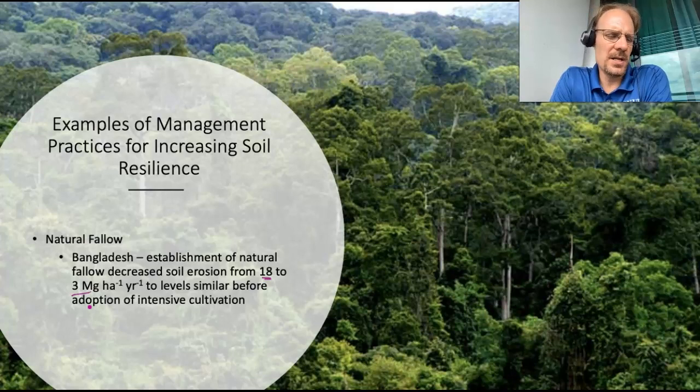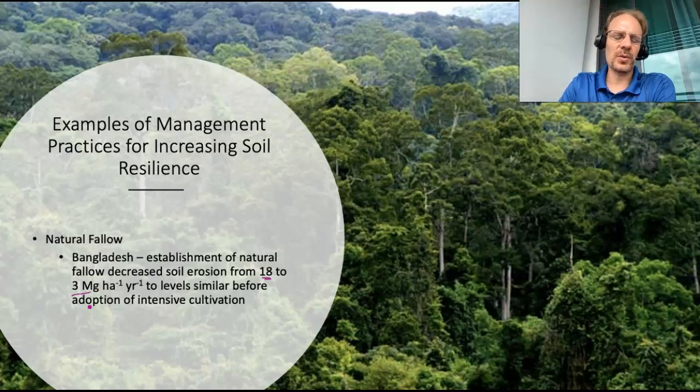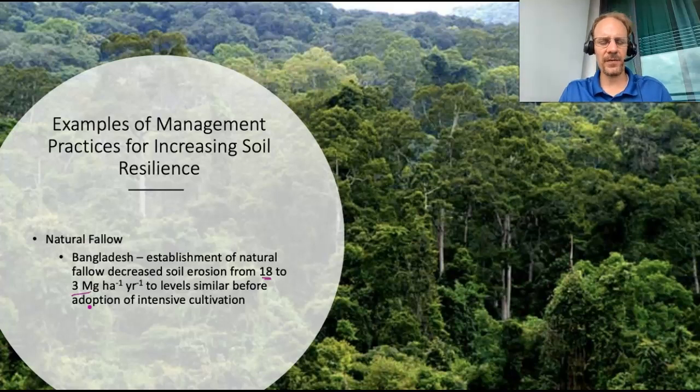The idea here is that the soil can be allowed to go back to natural fallow for multiple years before returning to a cropping system or to crop production. Doing so allows the soil to build up resilience and has many other benefits in increasing soil organic matter, nutrient availability, and fertility, and reducing erosion.